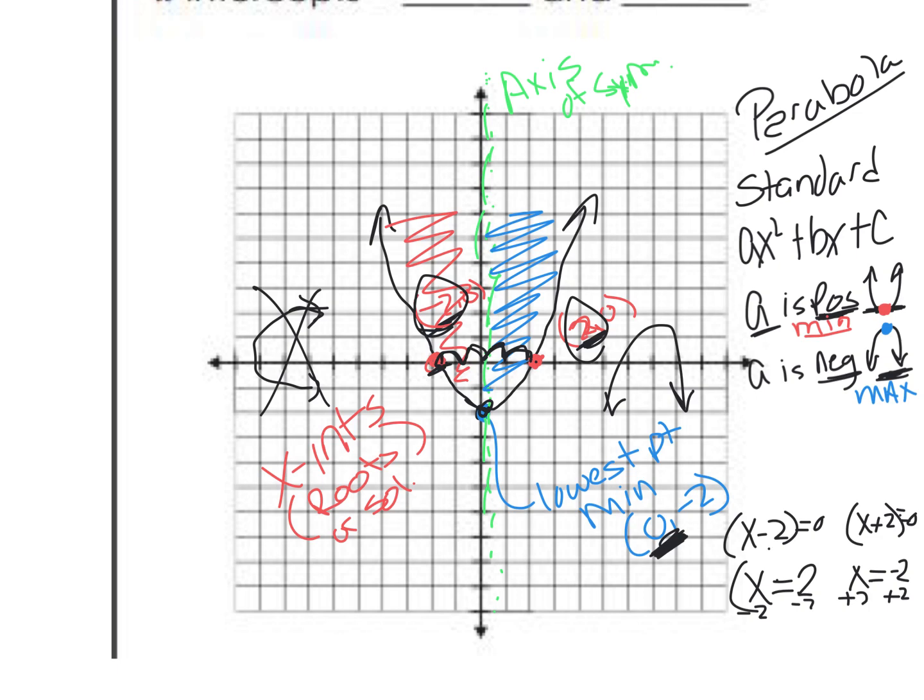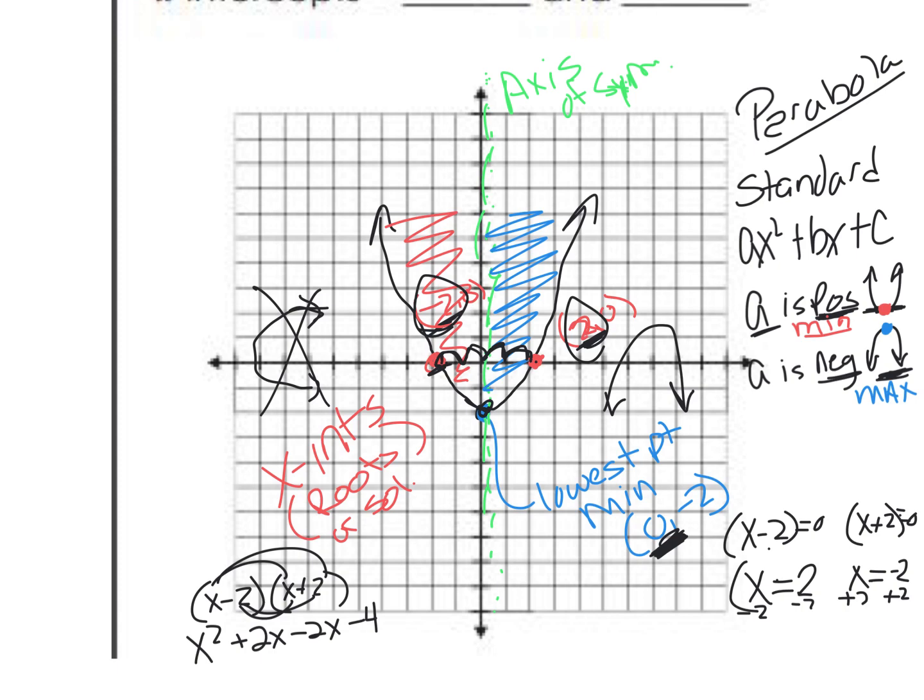And if I have my two factors, x minus 2 and x plus 2, I can distribute. x times that would be 2x, negative 2x, and then negative 2 times 2 is negative 4.